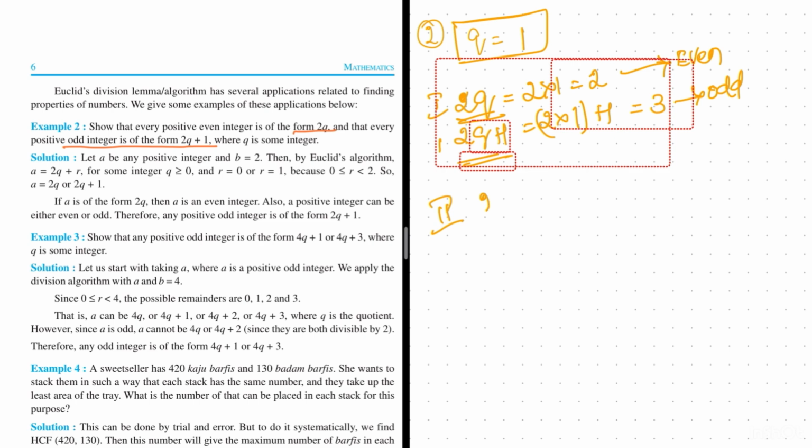Let us assume randomly another number, for example, let us assume q to be 10.